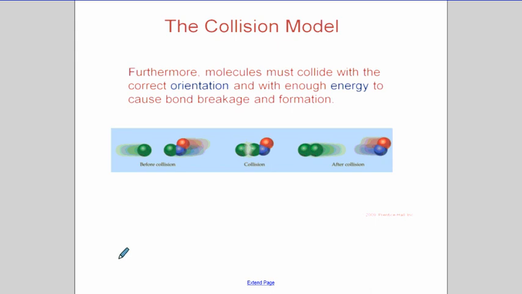So here's the general collision model. Before the collision, here's this molecule, here's this rogue element. This element needs to collide with the other green part of this molecule for the reaction to take place, so that's the orientation. They have to collide with the proper amount of energy, so if there's not enough energy to form a new bond and break this bond, nothing will happen.